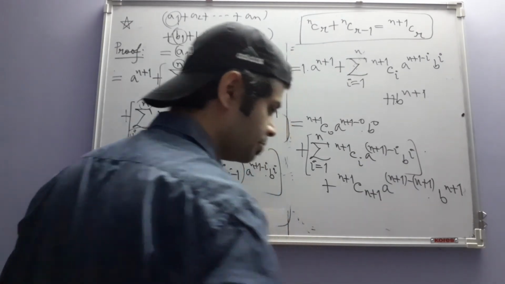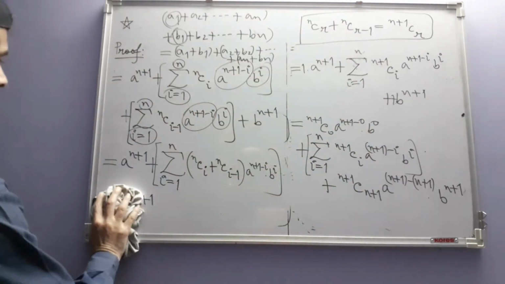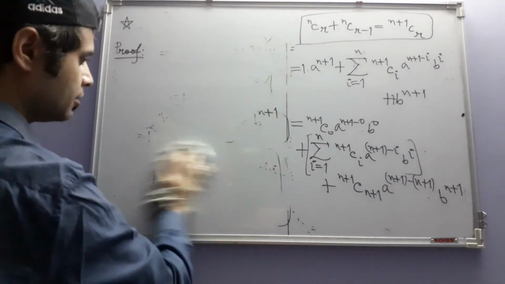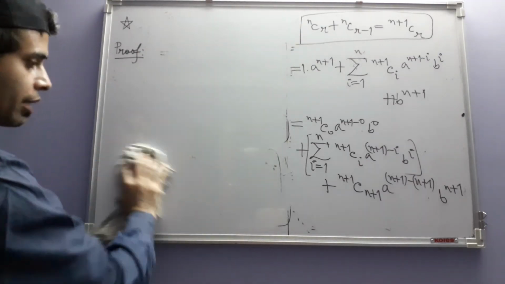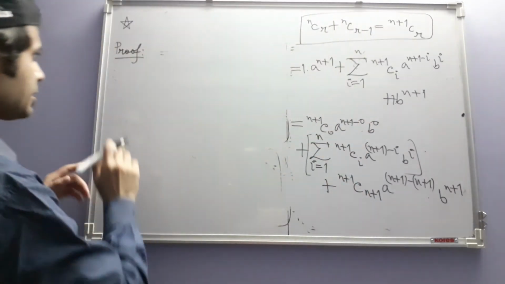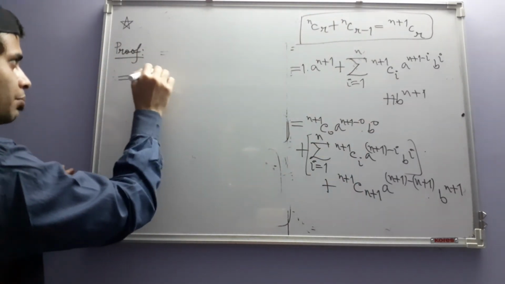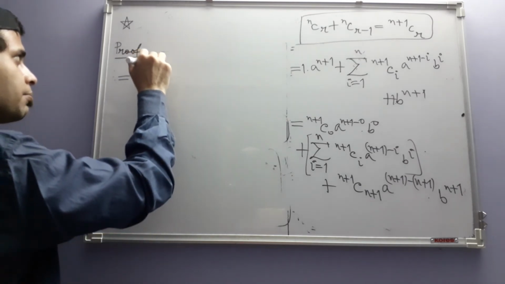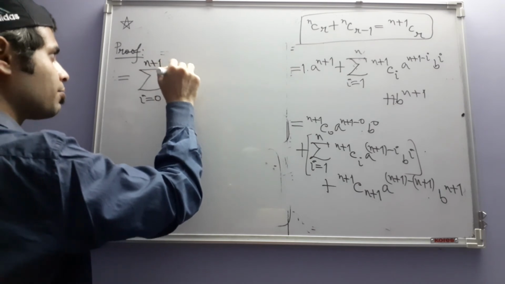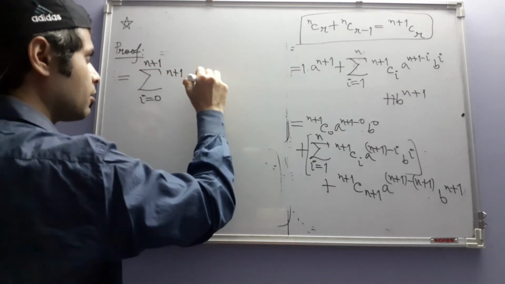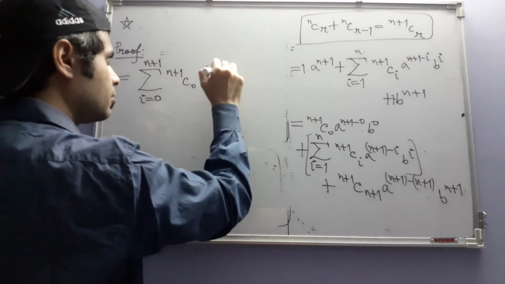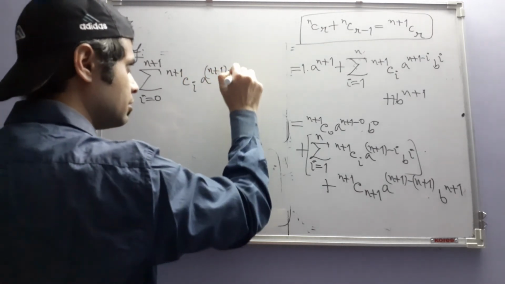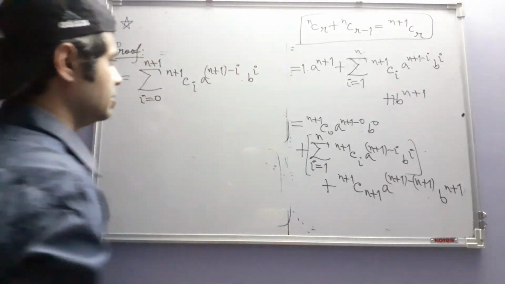and tell me, of course you cannot tell me, but just think of it. This final expression is the same as this sum, where i is varying from 0 to n plus 1, (n+1)Ci, a to the power n plus 1 minus i, times b to the power i.